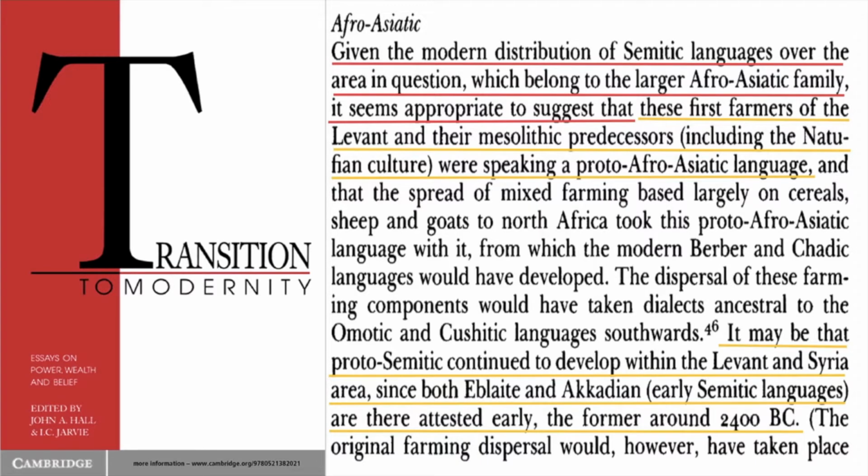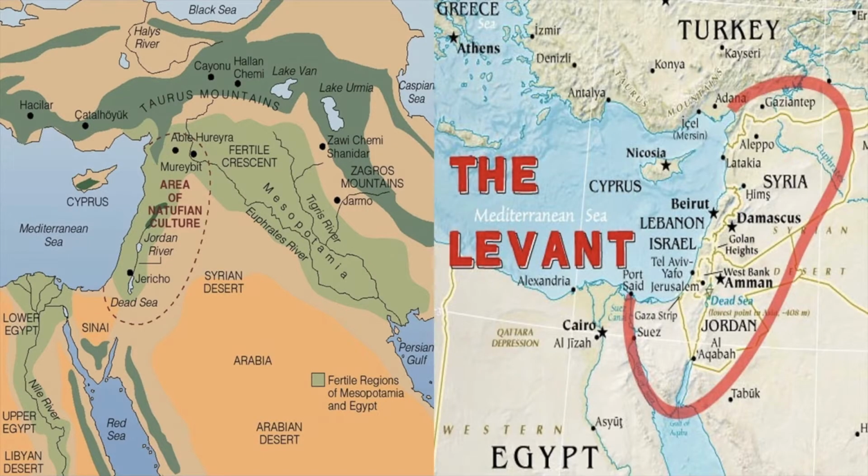It may be that Proto-Semitic continued to develop in the Levant and Syria area, since both Eblaite and Akkadian, early Semitic languages, are there attested early and formed around 2400 BC. So Natufians and early Semites were all in the Levant. Here's the area of Natufian culture, and that's basically the Levant.